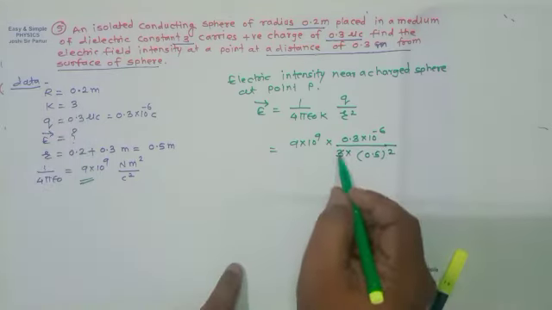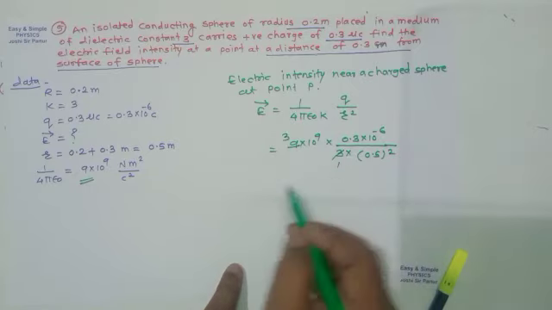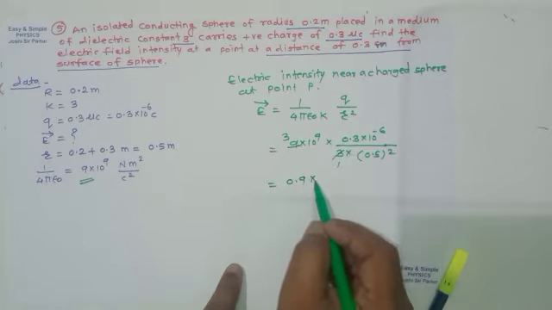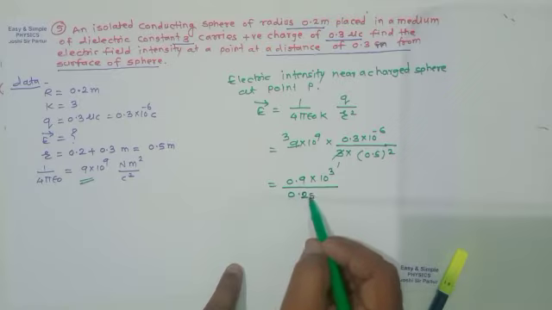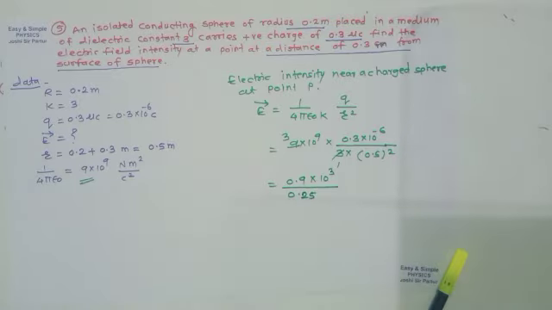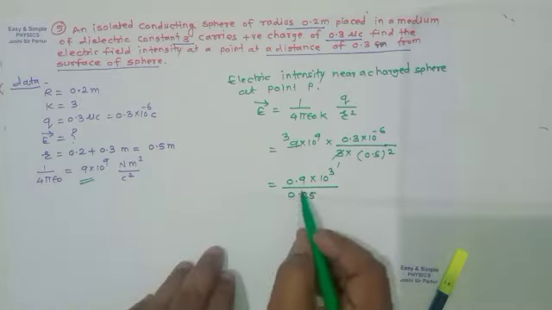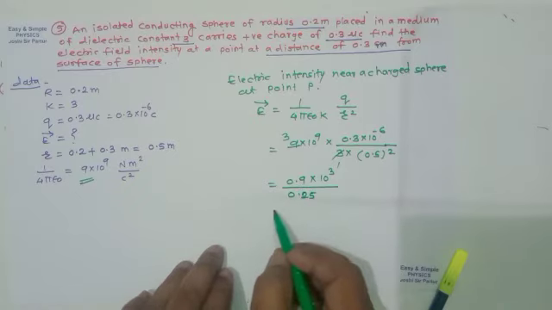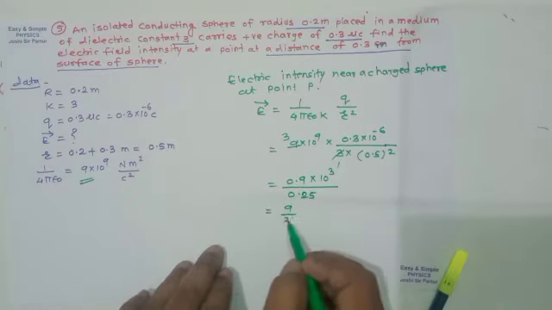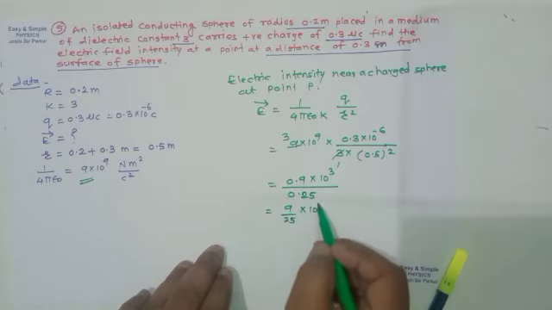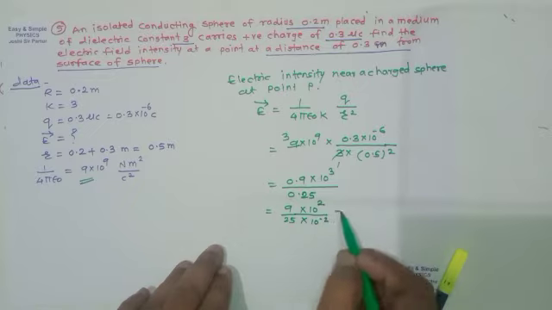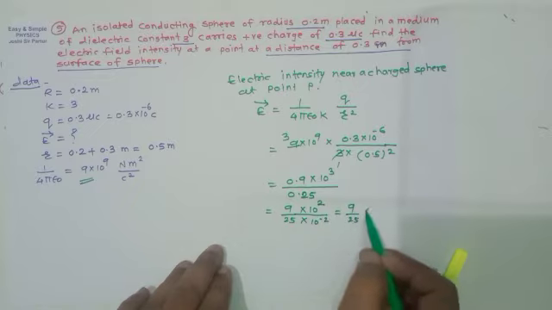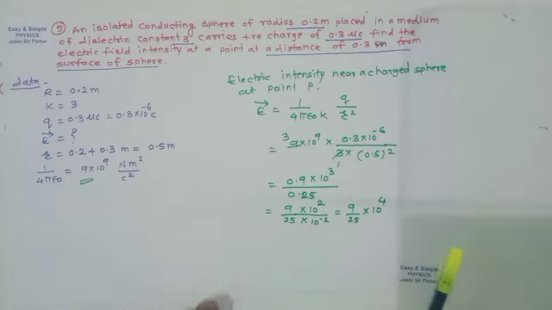Here 3 ones are 3, 3 threes are 9. 0.3 and 3, it will be 0.9 into 10 raised to 3 divided by 0.25. So if we shift the decimal point, it is 9 upon 25 into 10 raised to 4.